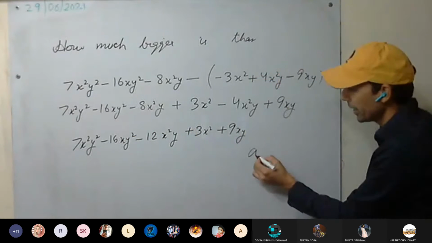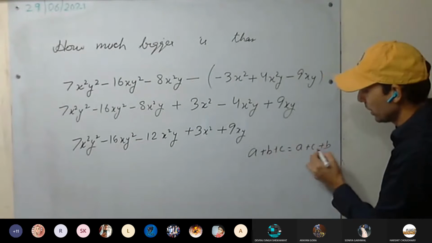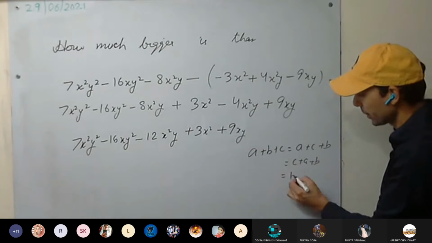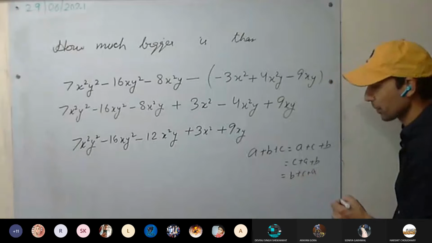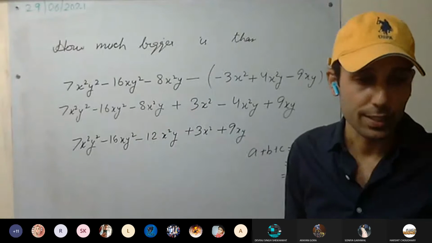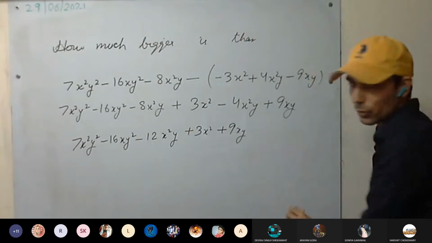A plus B plus C is the same as A plus C plus B, or C plus A plus B, or B plus C plus A. These can be written in any order. This question is clear to all.